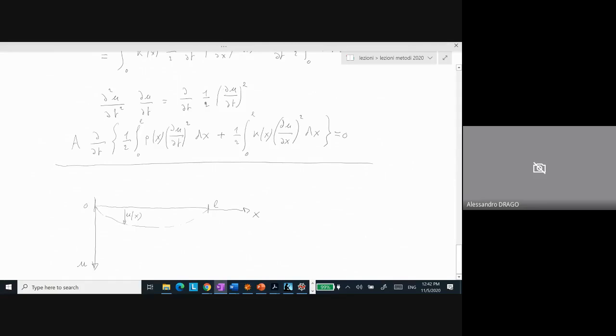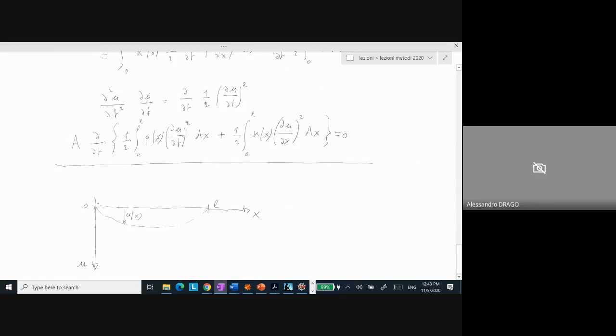Now assume that there is an external force, let's say the force of gravity. The force of gravity is clearly pulling down the string.